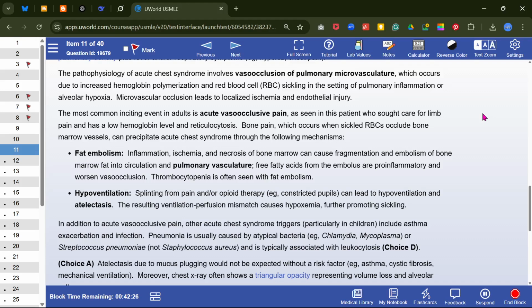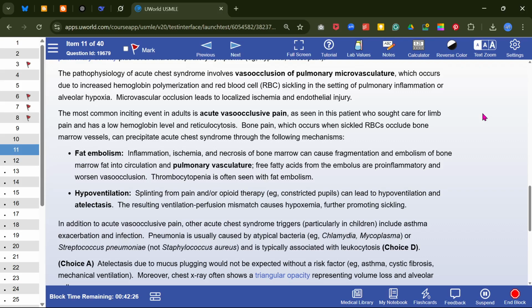Thrombocytopenia is often seen with fat embolism. Hypoventilation, splinting from pain, and opioid therapy can lead to hypoventilation and atelectasis. The resulting ventilation-perfusion mismatch causes hypoxemia, further promoting sickling.